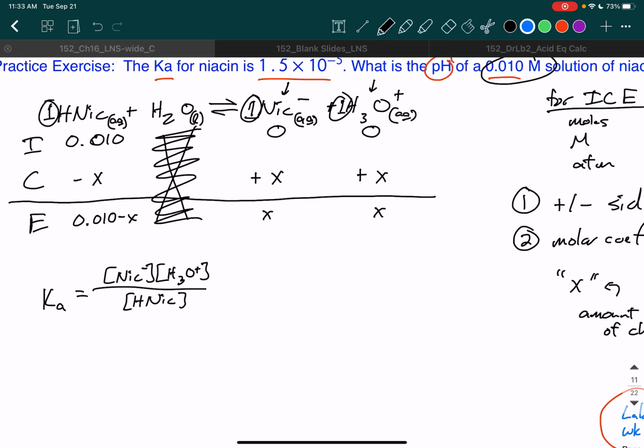I'm basically adding up the initial and the change. I started with that concentration and I lost a certain amount. And when that happens, I'll have some equilibrium value that's represented by 0.010 minus X.